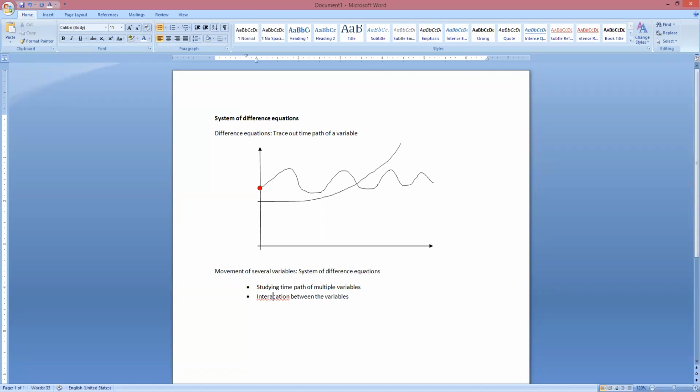So we can have starting points, but once we start the motion, the value of this variable will influence this equation, this variable also. So in other words, if we have two variables, x and y, our objective is to find out xt and yt.